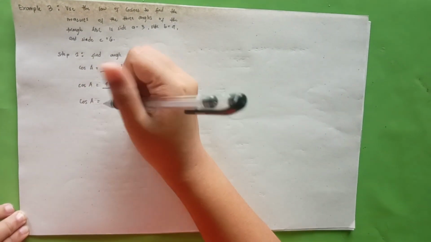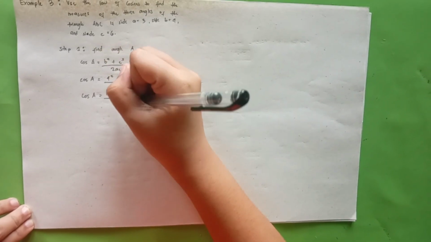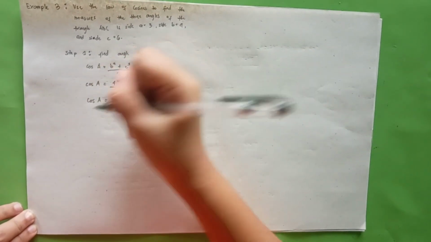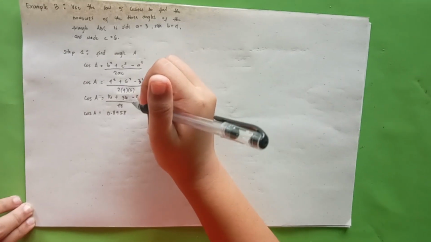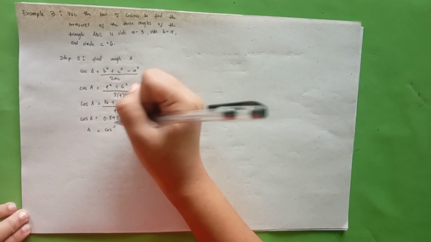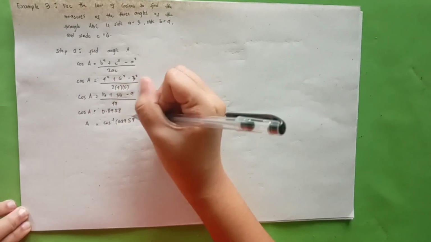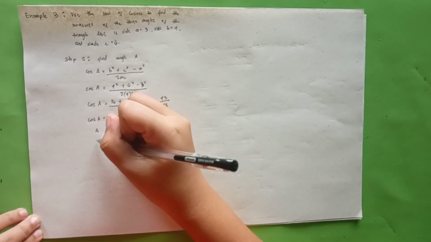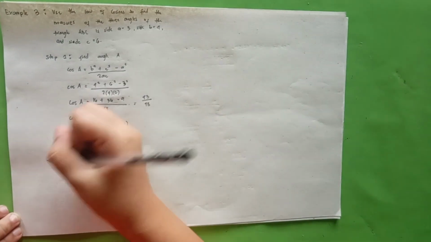After that, we simplify and solve for cosine A. Therefore, our angle A is equal to 26 degrees.